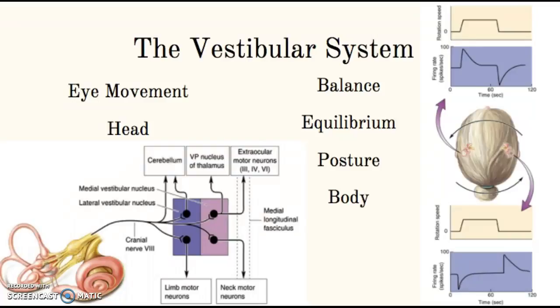On the photo down here on the left, we have an image of how the vestibular system sends out signals via neurons to the rest of the body, and especially to the brain. And on the right, we have a photo of the semicircular canals, which I'll talk about more in a second. There are 3 semicircular canals on either side of the head, matching the other side, and those sense the rotation of the body. So when the body moves, a neuron fires, and a signal is sent.